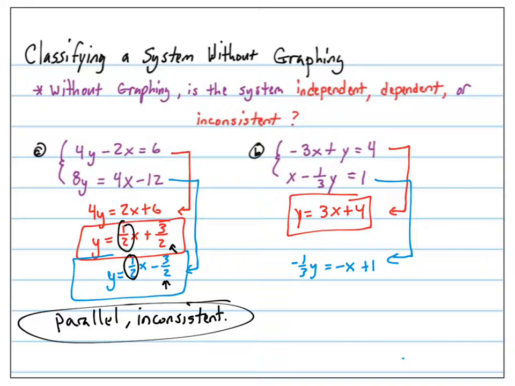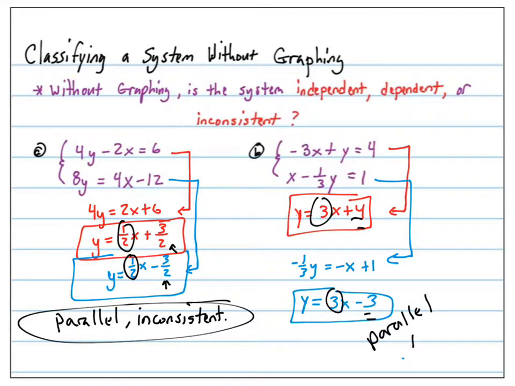Then to get rid of the negative 1/3, we multiply by the reciprocal, so negative 3. So we've got y equals 3x minus 3. Once again, we should see that we have the same slope but different y-intercepts. So these are also parallel, so this is inconsistent.